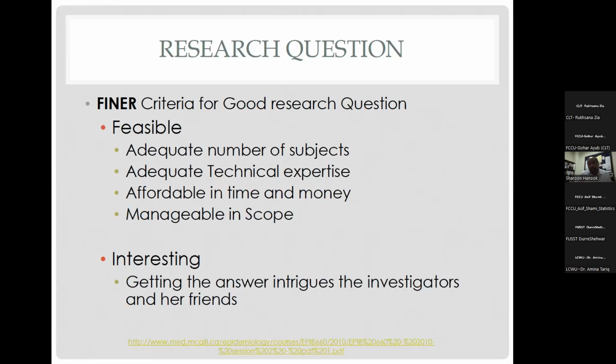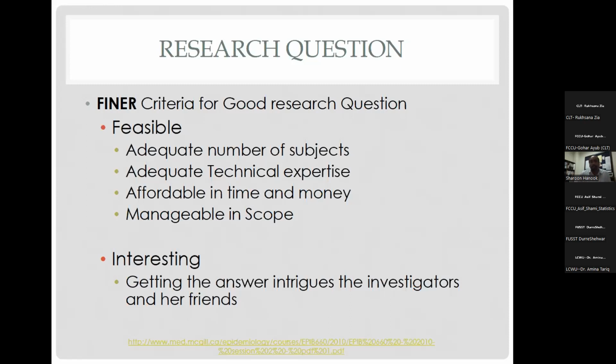Generally, money may not play a very big role in social sciences research or humanities research, but if you're talking about natural sciences research, money is a very big issue. A lot of research is dependent upon money. So always ask your supervisor, do we have enough monetary resources so that we can carry out the research?